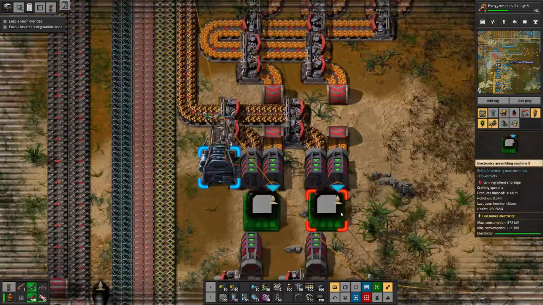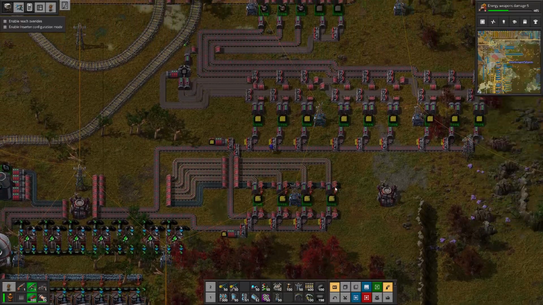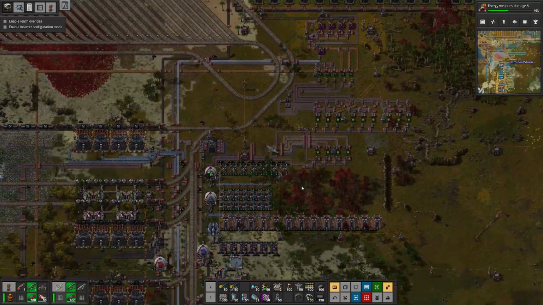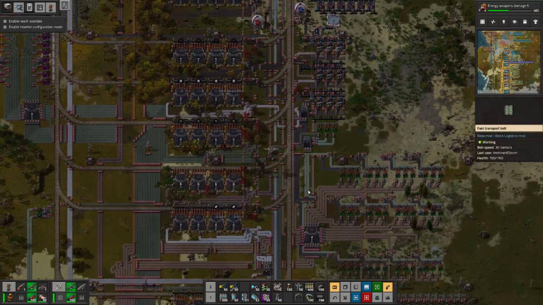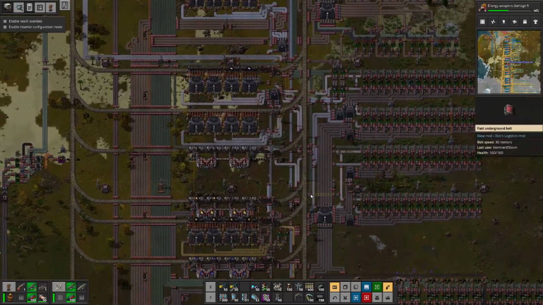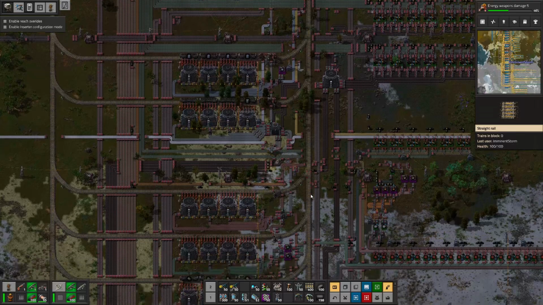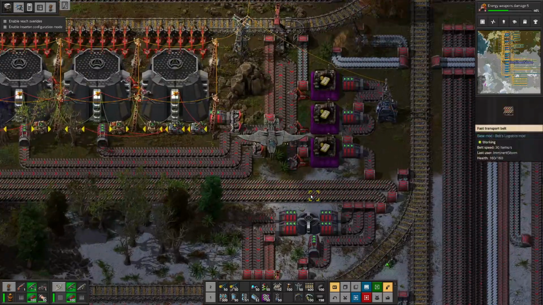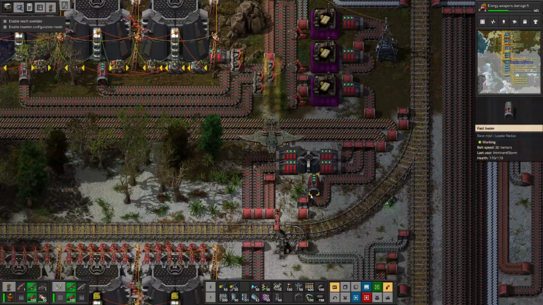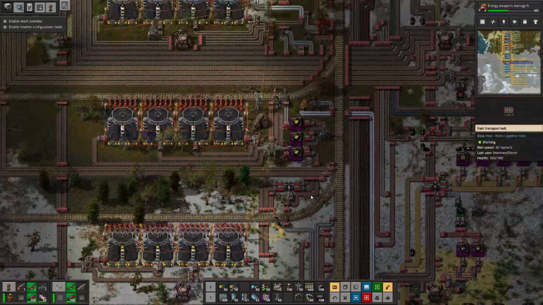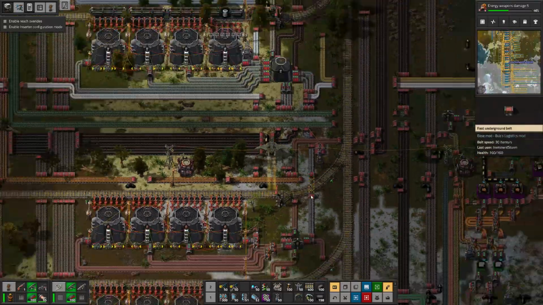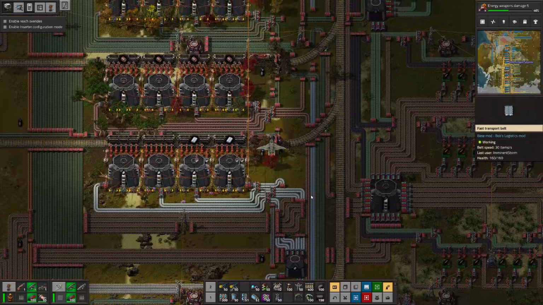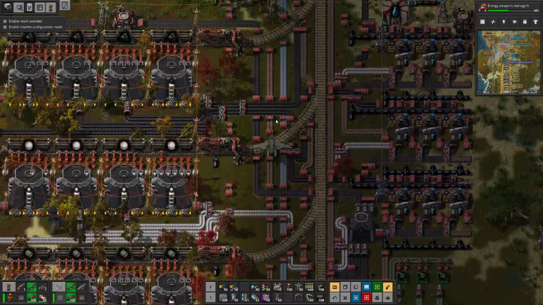Or we can just take it out of the equation. So, okay, there's my copper wire coils.